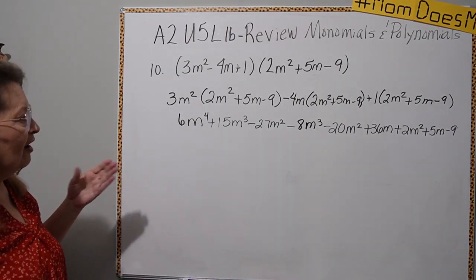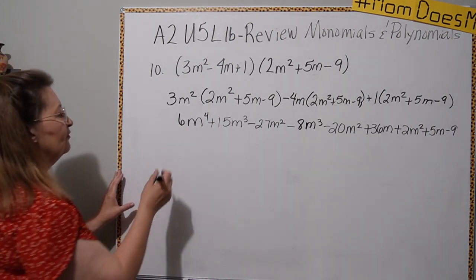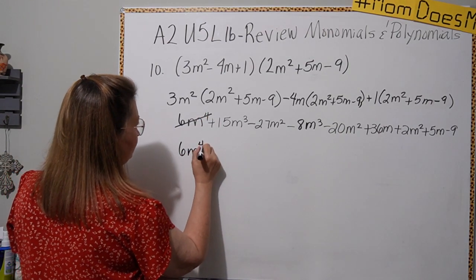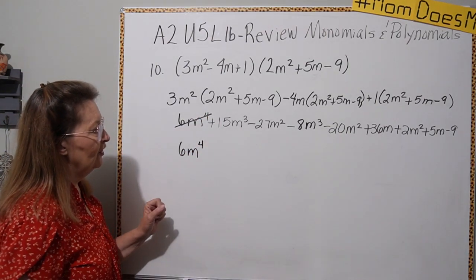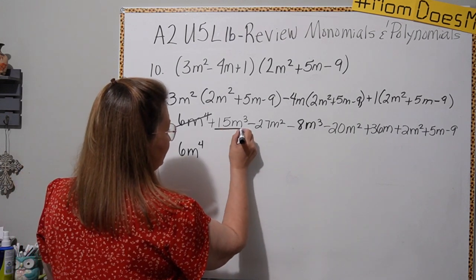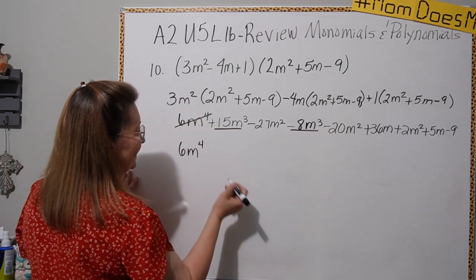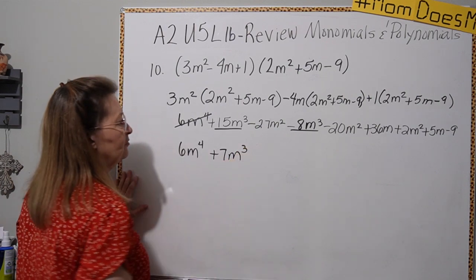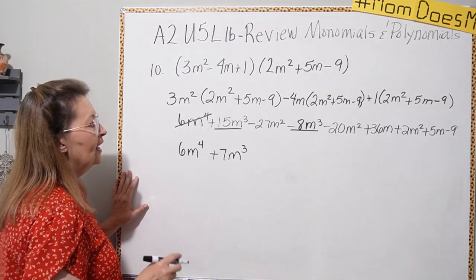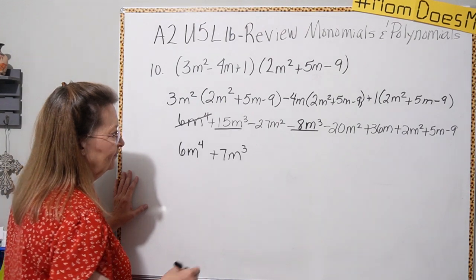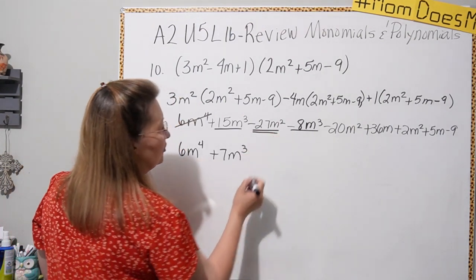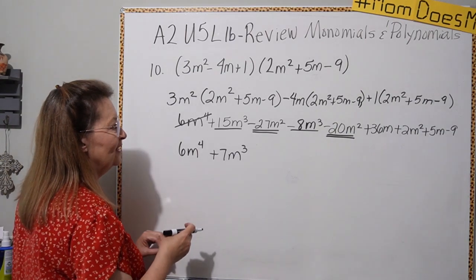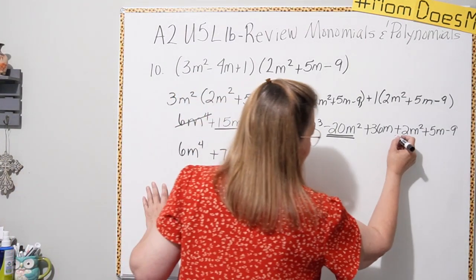So let's look for our highest exponent, 6m⁴. And I'm going to cross that one off when I use it. All right, now our m cubed terms, what all do we have? I have a 15 and I have a minus 8. So that's going to leave me with positive 7m³. Okay, now my m squared terms. Here I have a negative 27 and a negative 20, so that brings me to negative 47.